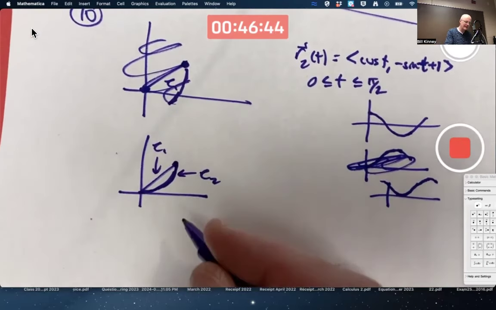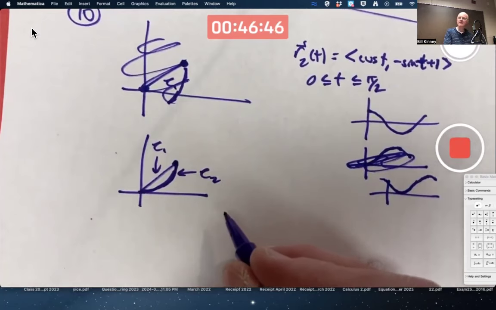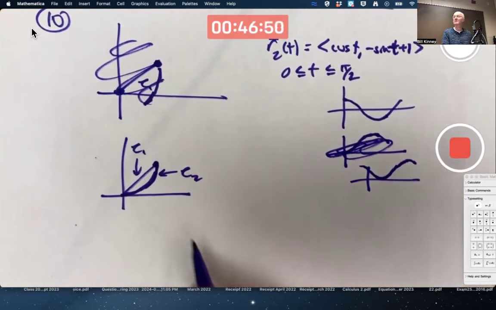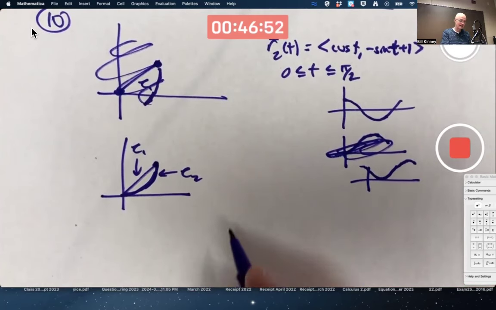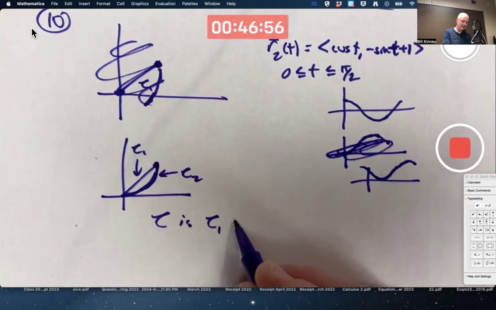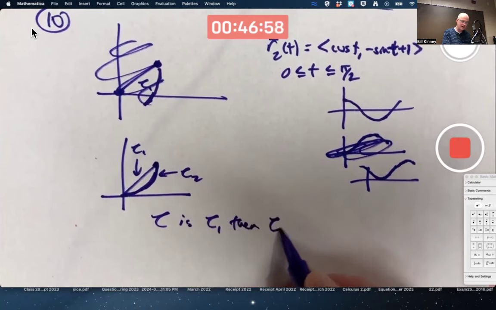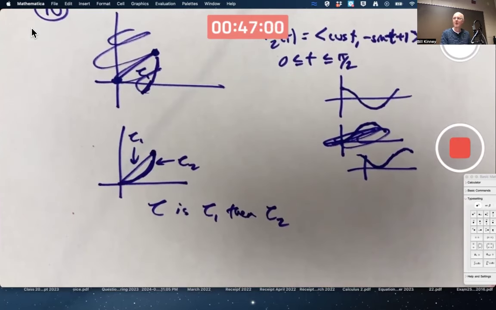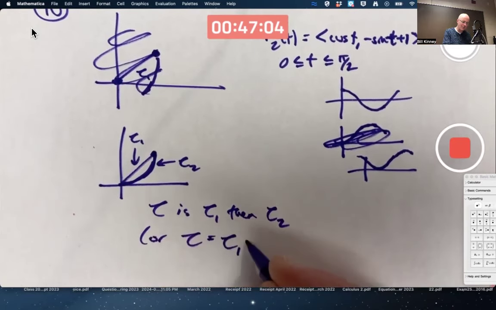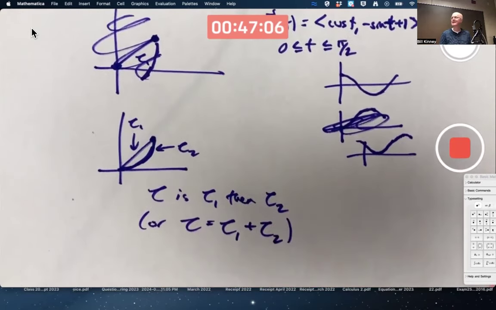The goal is to find the line integral over C, which consists of both curves together. C is C1, then C2, you might say. Or even C is C1 plus C2. We're adding curves in a sense.